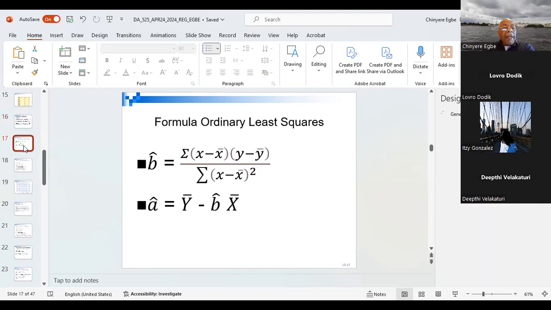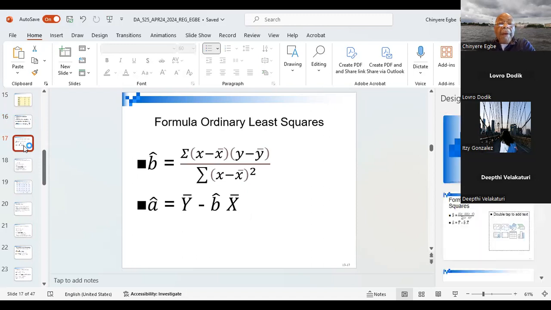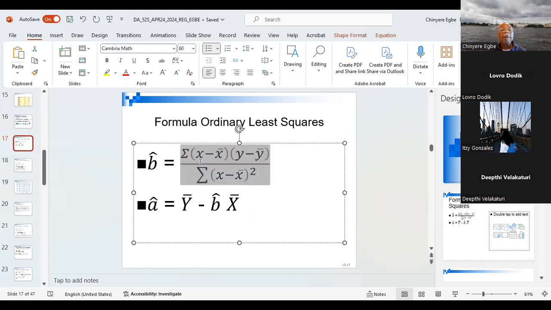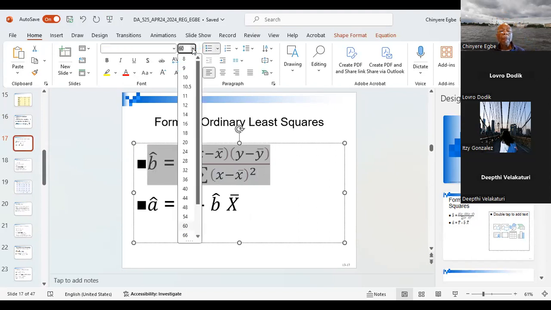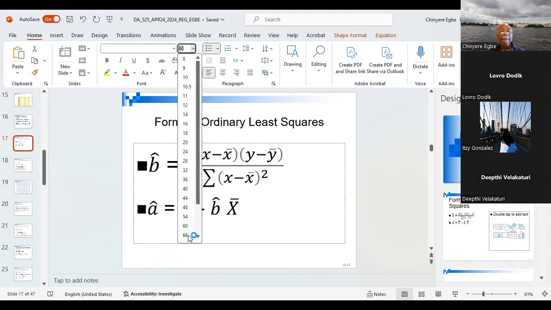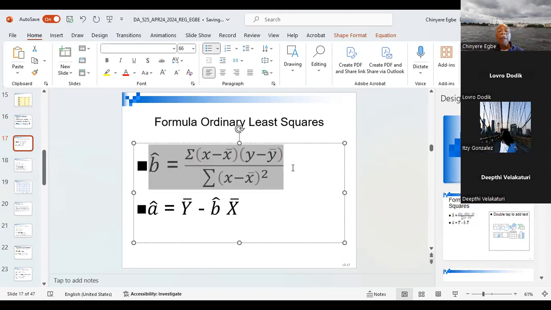In order to provide our estimates, we use the formula, and this is what we call the ordinary least squares method. So we use the formula for B hat. That is the formula for B hat, and that is the formula for A hat.